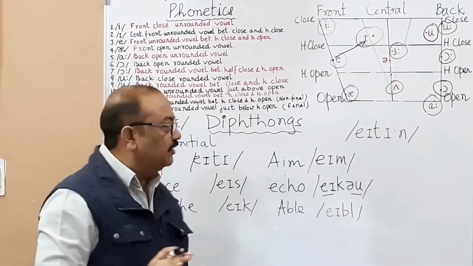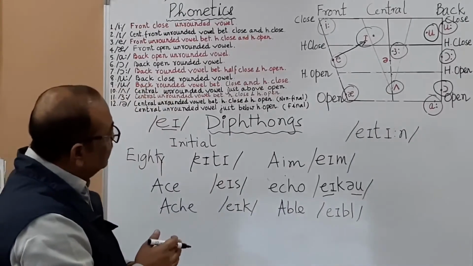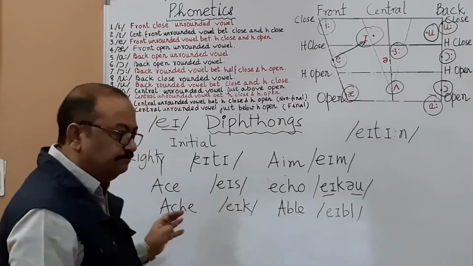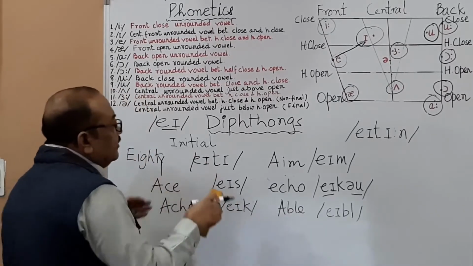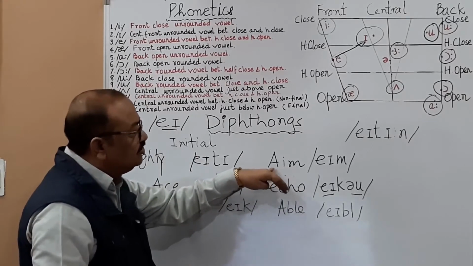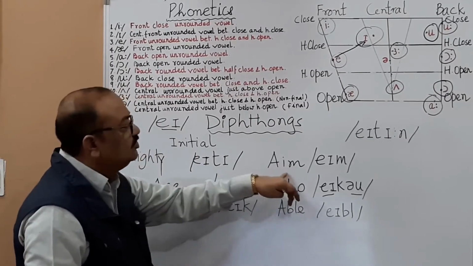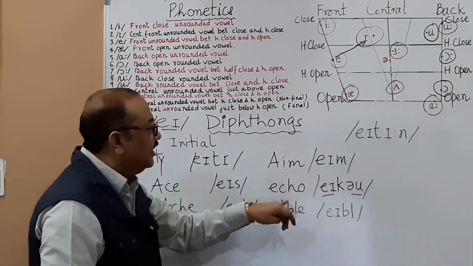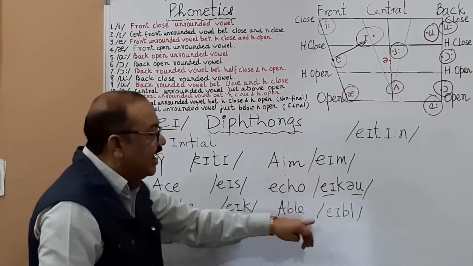Now can we move on to the next sound, that is medial? You understood this? Okay. So here your sound changes from one vowel sound to another. Aim, echo, able.